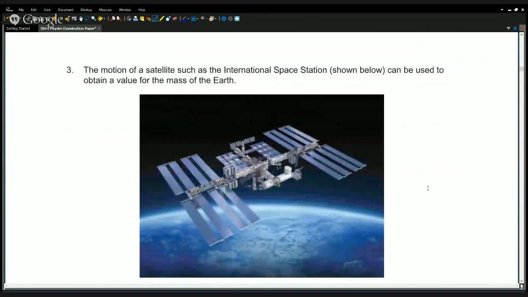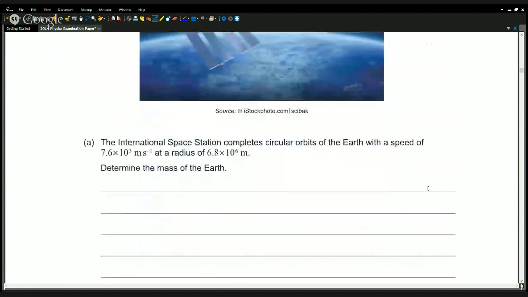Okay, the motion of a satellite, such as the International Space Station shown above, can be used to obtain a value of the mass of the Earth. The International Space Station completes a circular orbit of the Earth with a speed of that and a radius of this. This is what I was talking about when I imported into Word. Just a little side note, this stuff gets butchered.